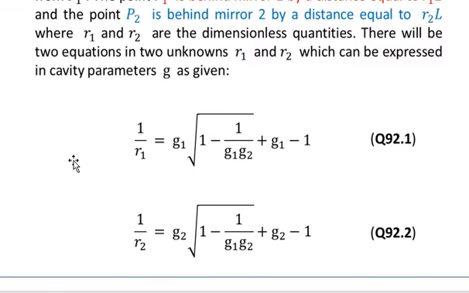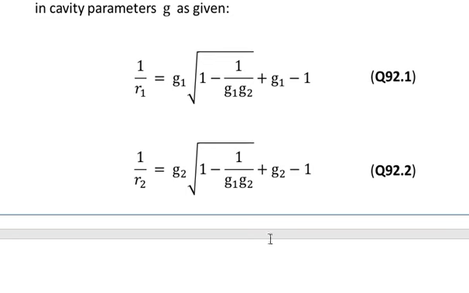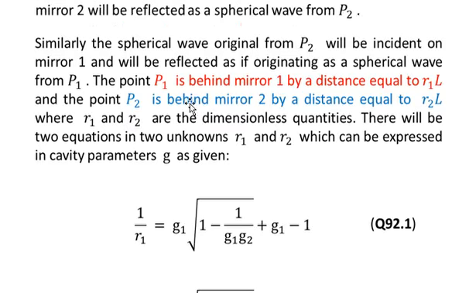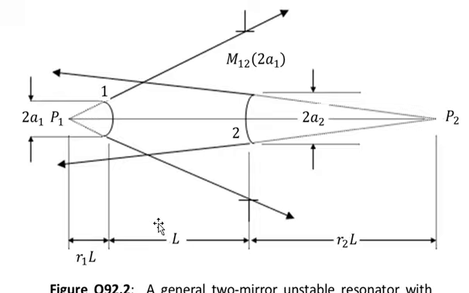For equation number 1, we have 1 over R1 is equal to G1 times the square root of 1 minus 1 over G1G2, and outside that square root we have a plus G1 minus 1. Similarly, for equation number 2, we have 1 over R2 is equal to G2 times the square root of 1 minus 1 over G1G2, plus G2 minus 1. Here G1 is 1 minus L over R1L, and G2 is equal to 1 minus L over R2L.